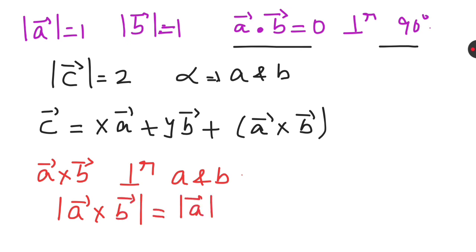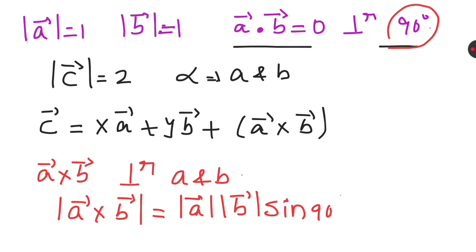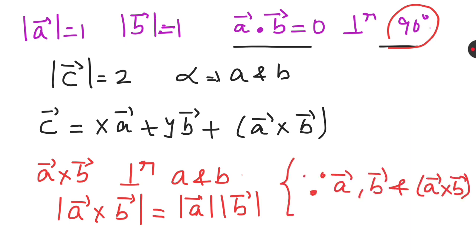Magnitude of A, magnitude of B, sine theta. Here the angle is 90 degrees, and sine 90 is 1. So the magnitude of A cross B is the magnitude of A times the magnitude of B. Here A, B and A cross B form an orthogonal basis.